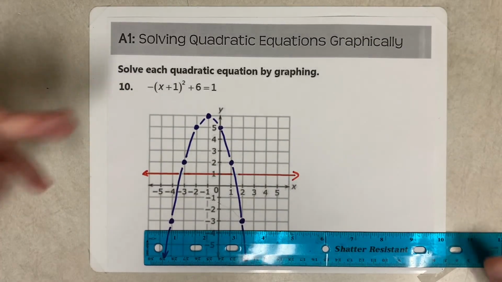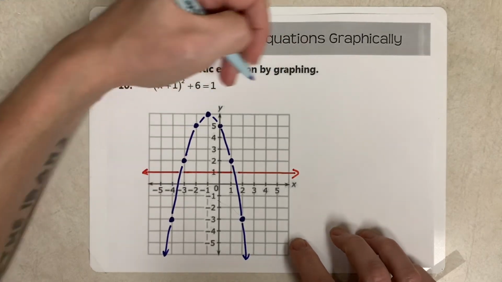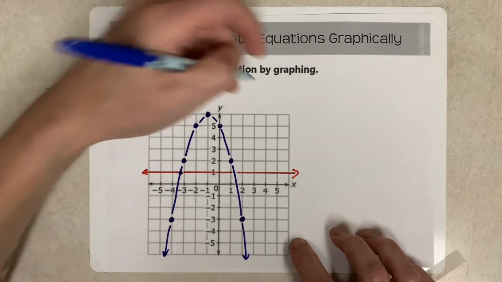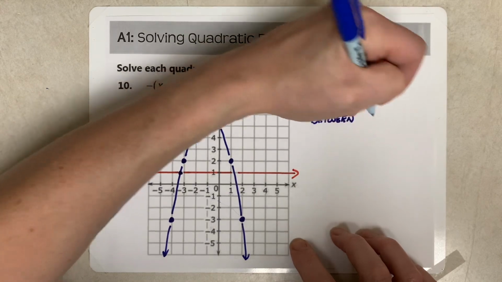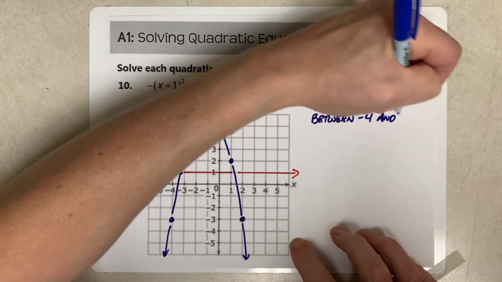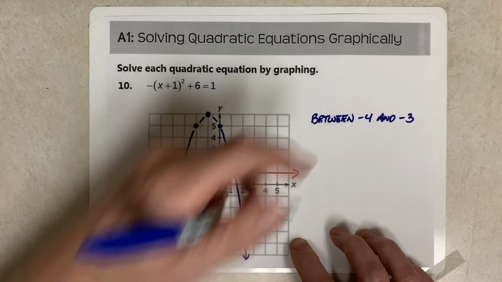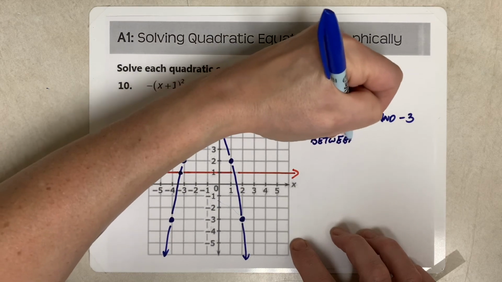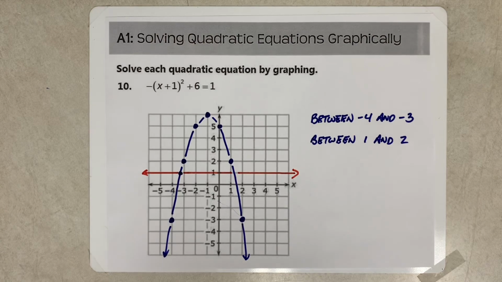It looks like it's between negative 4 and negative 3, right there at this point, and then we have another one between 1 and 2, it looks like. Don't let that bother you, because later we will be able to find exact solutions.